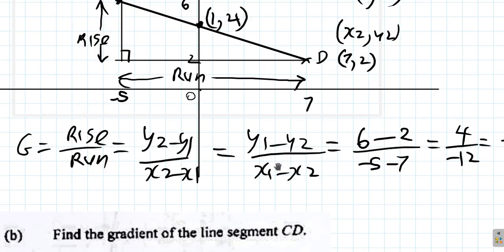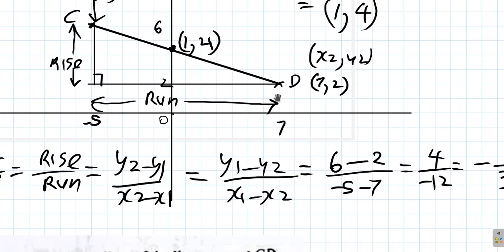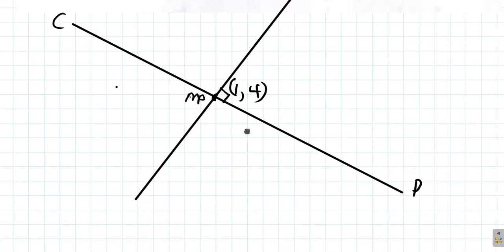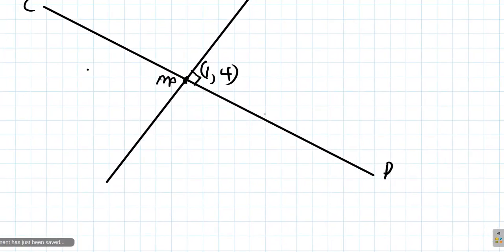Here, what was the gradient again? -1/3. So the gradient was -1/3 for CD. Let me just make this look more like D. Okay, good.